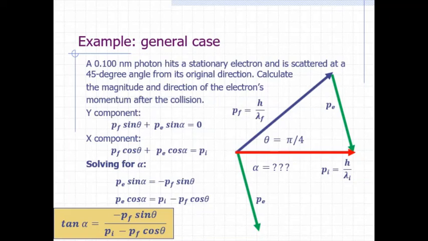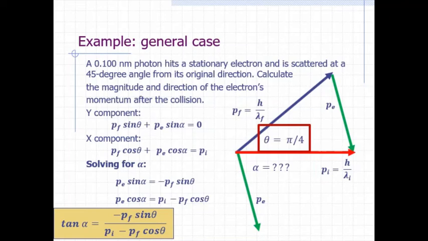Note that all quantities on the right-hand side of this equation are known. p sub f, the magnitude of the momentum of the scattered photon, is h over lambda sub f. p sub i, the magnitude of the momentum of the incident photon, is h over lambda sub i. And of course, theta is the angle between the photon momentum vectors.